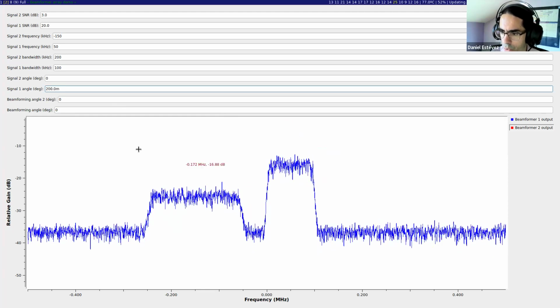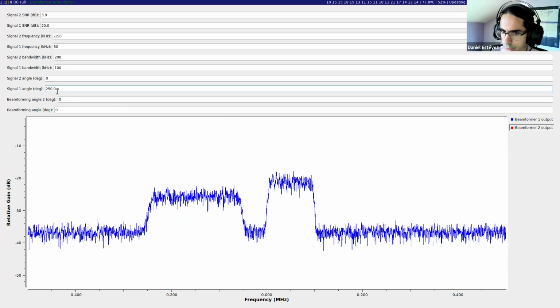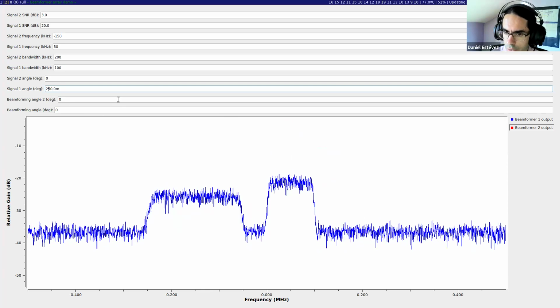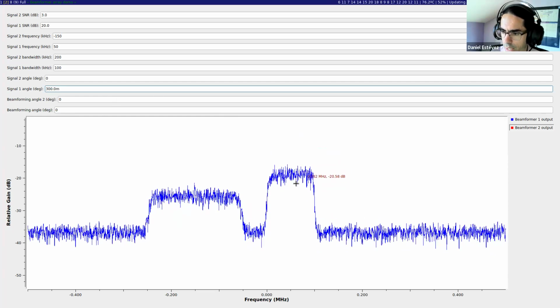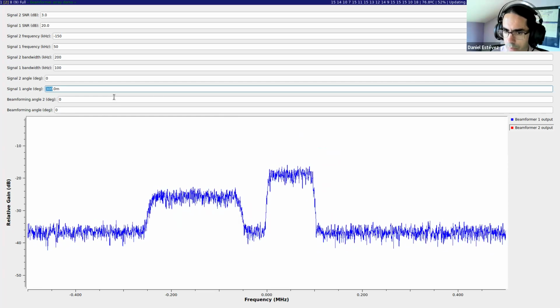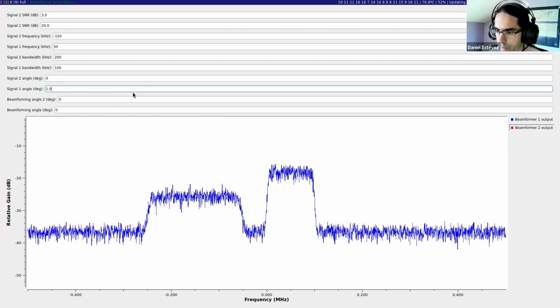If I do 0.2, then it drops down again, and I can continue doing things. And depending on this angle, we basically have one thing or another.